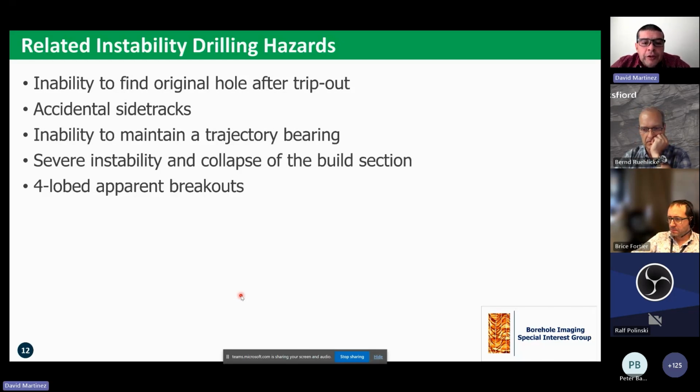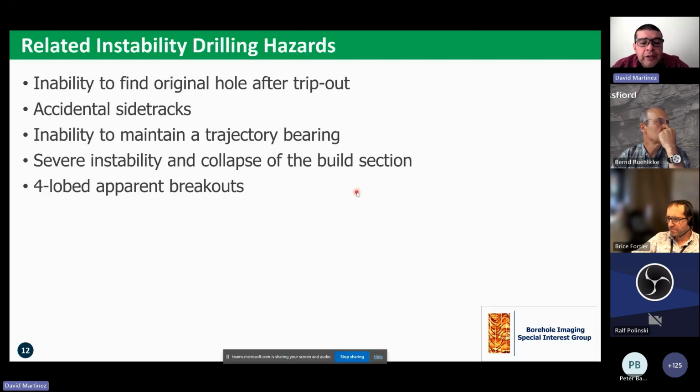Inability to maintain a trajectory bearing. As you can imagine, when you are drilling a horizontal borehole and you are close to or hitting that interface of dissimilar elastic properties, your BHA starts to bounce off the stiffer formation. So that's why I'm listing this one.